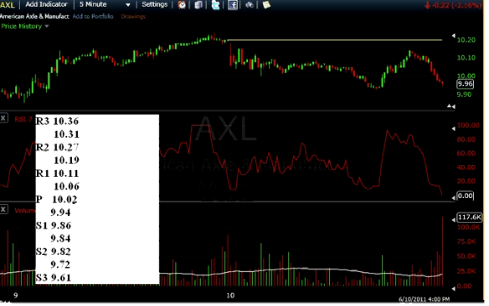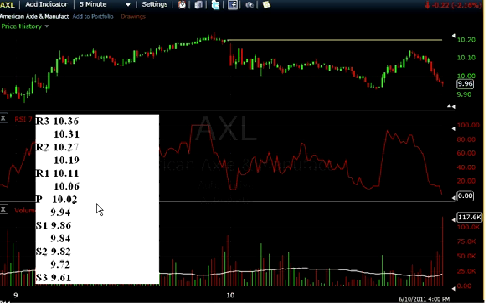Okay, we're looking at a 5-minute chart of Axel. Here's the Thursday action. It did go up, and then our Friday action. What we did was we plotted some pivot points from our Friday action. Pivot points are a formula that a lot of traders do use.